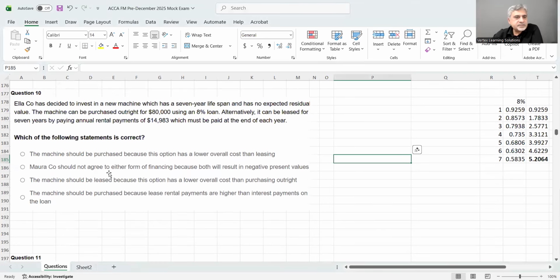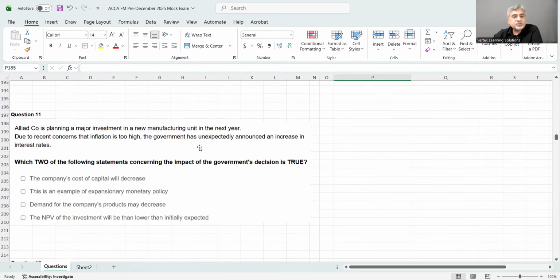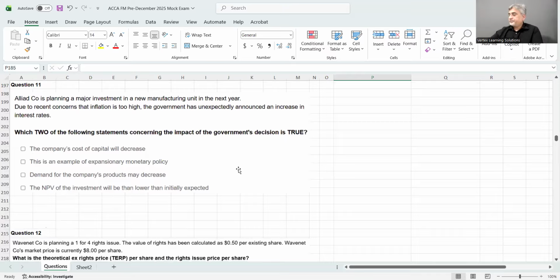Okay, we did question 10. Answer was C, that they should do leasing. And then we do question number 11. It says that a company is planning a major investment in a new manufacturing unit in the next year.